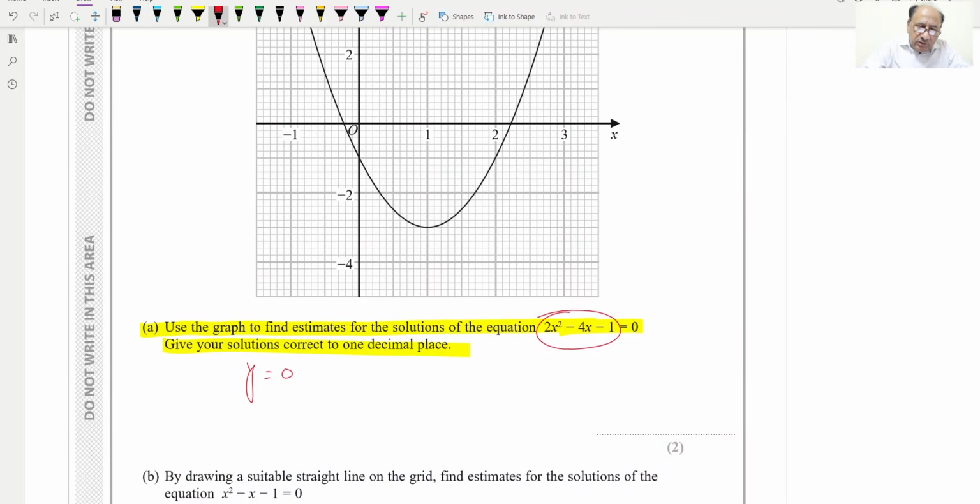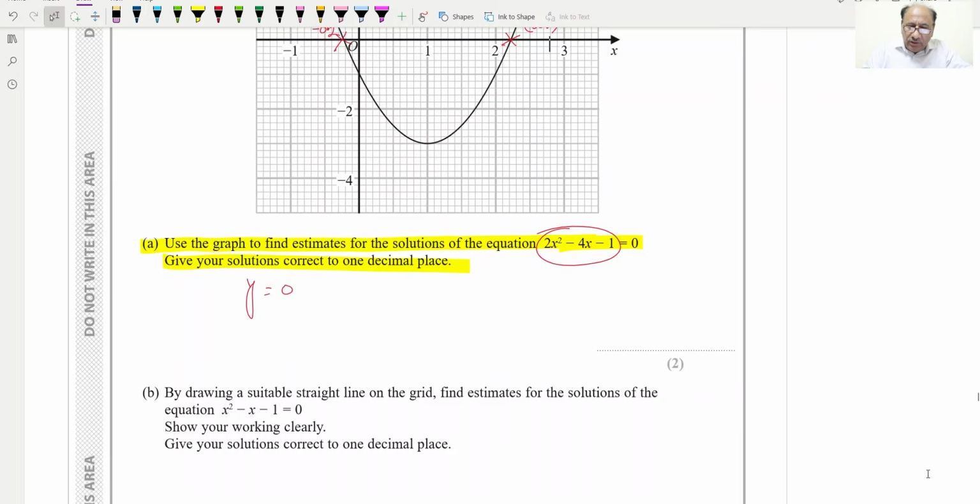At y equal to 0 we have this point and this point, and this is minus 0.2 and this point will be 2.2. These will be our answers we can provide over here, minus 0.2 and 2.2, and this is 2 marks.